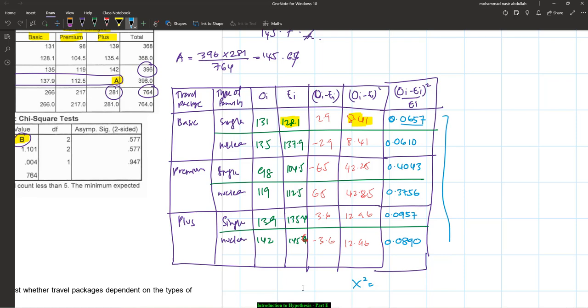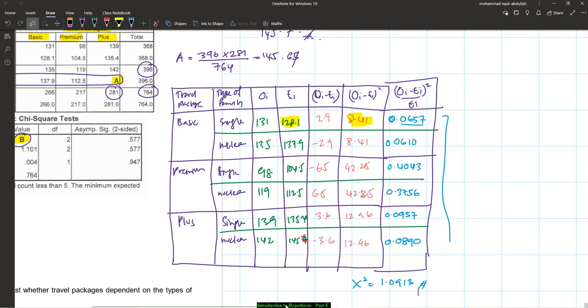So 0.0657 plus 0.0610 plus 0.4043 plus 0.3756 plus 0.0957 plus 0.0890. So this one should be 1.0913, right?